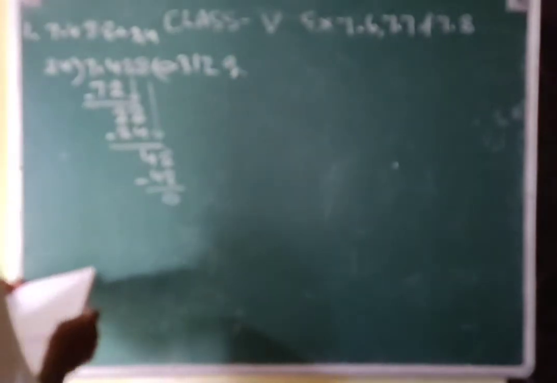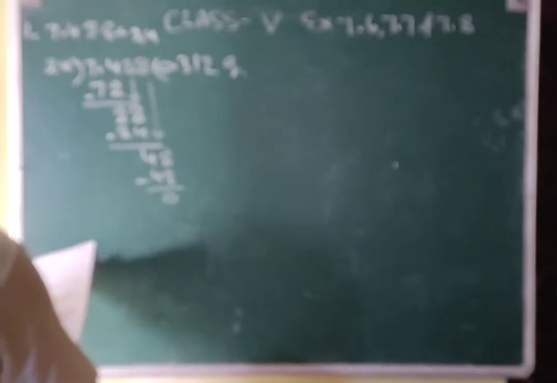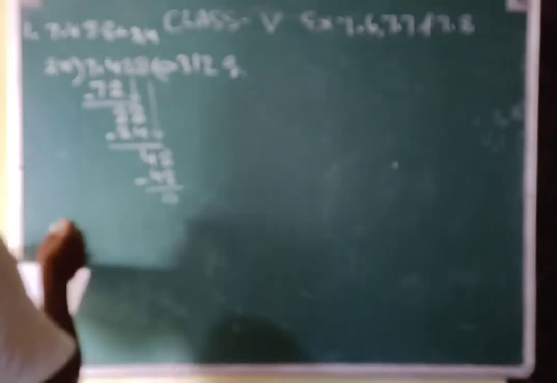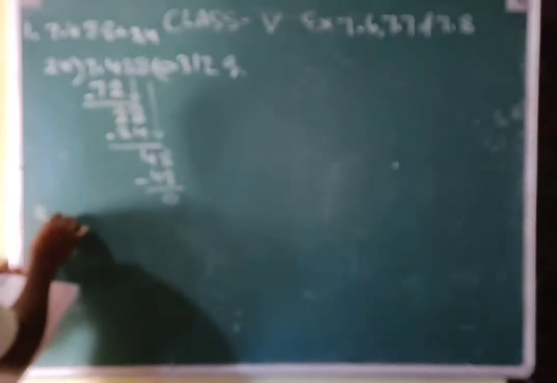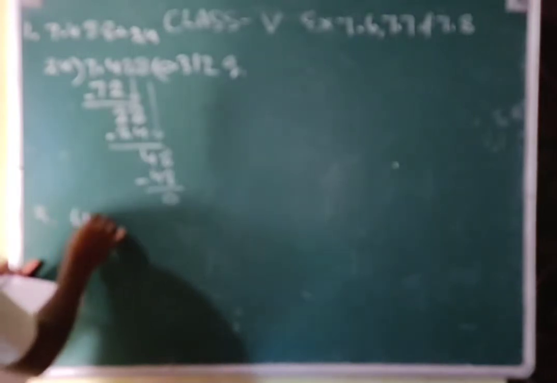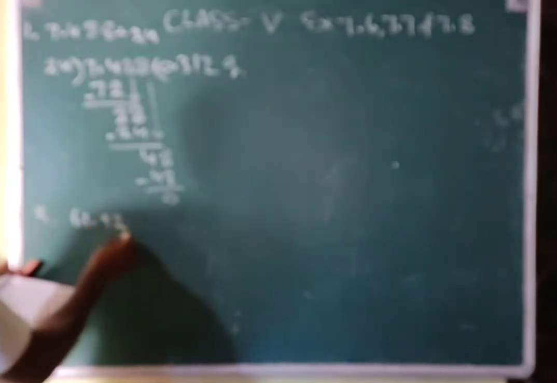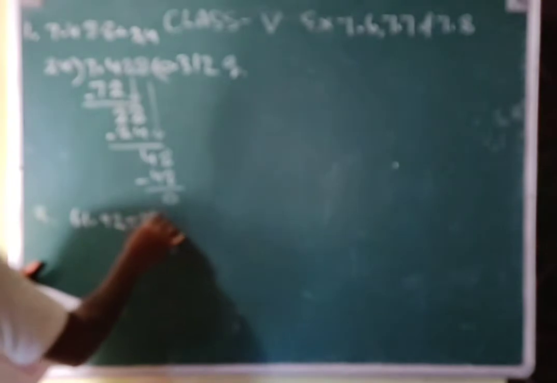And then by 12, the second question: 61.92 divided by 12.